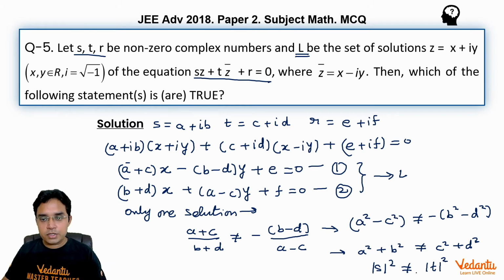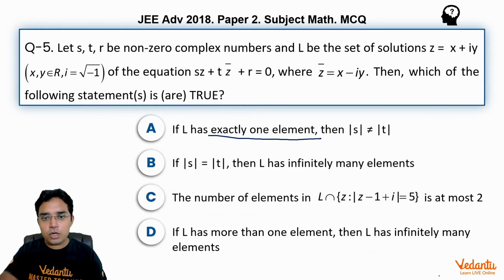So only one solution implies |S| not equal to |T|. So option A is absolutely correct.